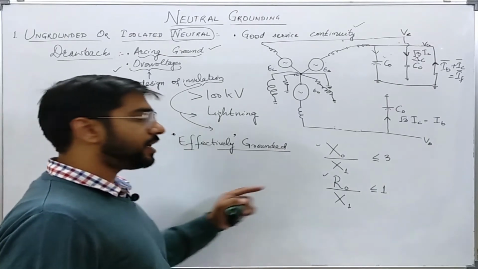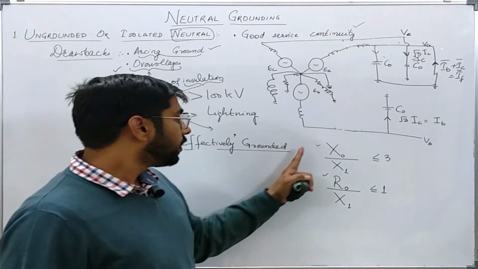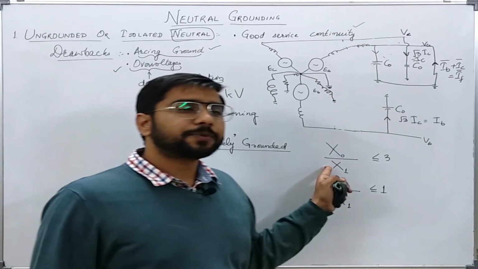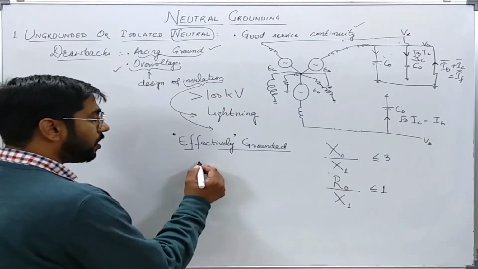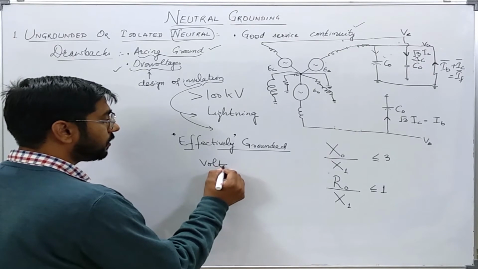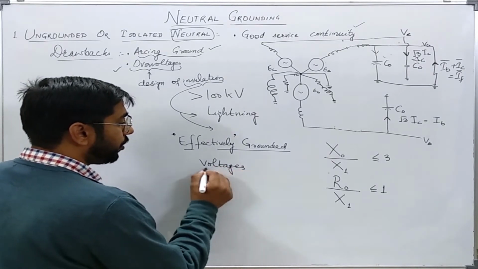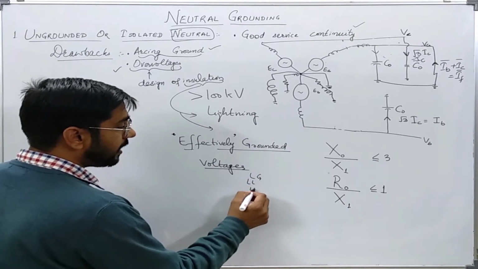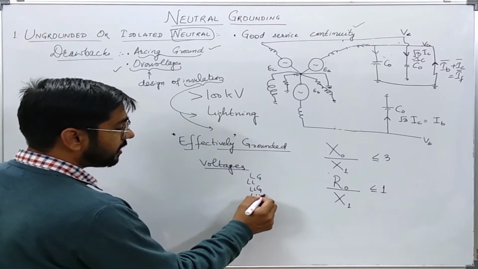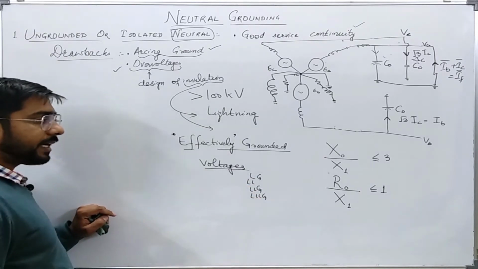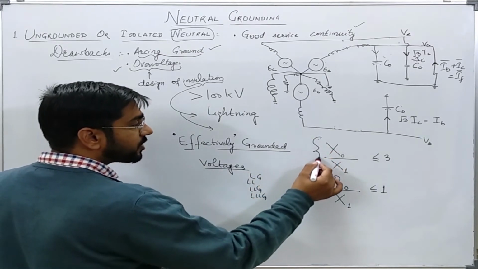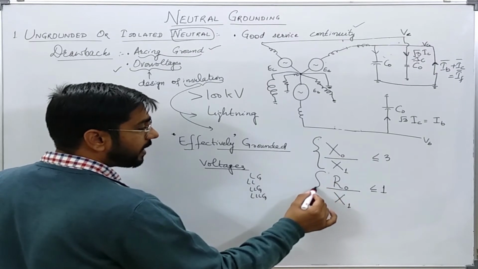Now what does it mean? We can see by drawing the graphs of various voltages during various faults, LG fault, LL fault, LLG fault and LLLG fault. We can draw the graphs and we can have various values of x0 by x1 and r0 by x1.